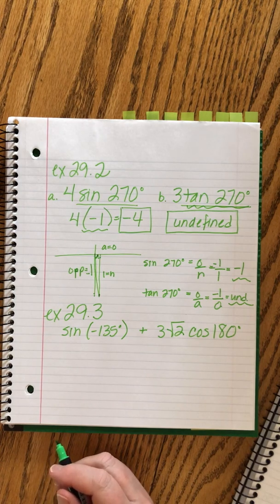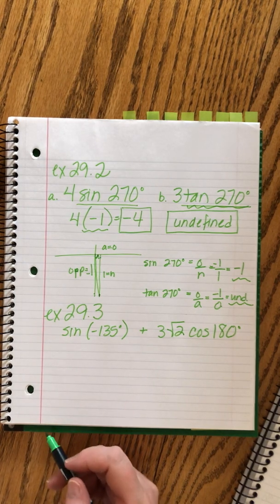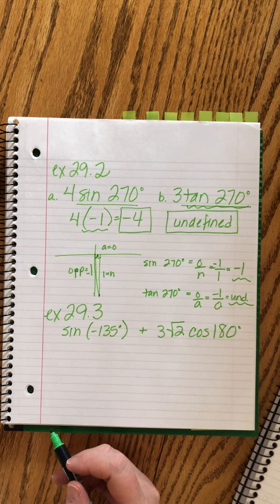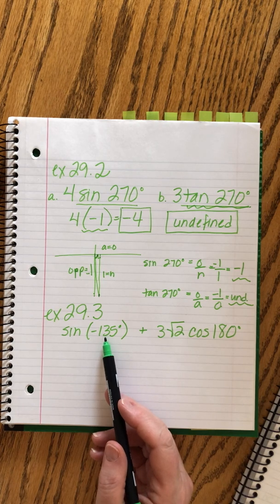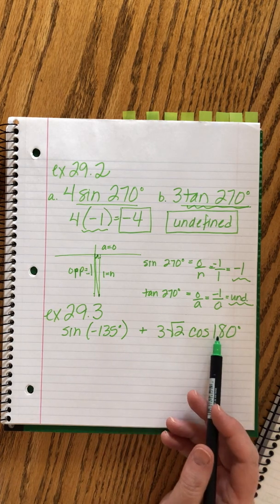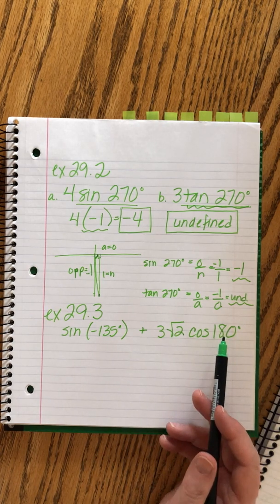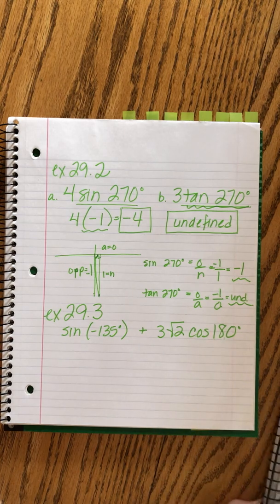Whoa, holy cow. Okay, now the first thing I'm thinking about is quadrantal angles: 0, 90, 180, 270. This is not one of the quadrantal angles, right? But this one is 180. So I'm going to do this one first. I'm going to pay attention to it.